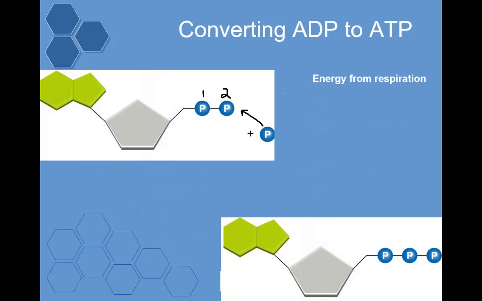It comes in to create that bond, but it can only do this in the presence of enzymes. And when it's finished, we end up with our ATP, which again now has 1, 2, 3 phosphate groups. And here is that ever important bond between the second and third phosphate that we get all of our energy from.